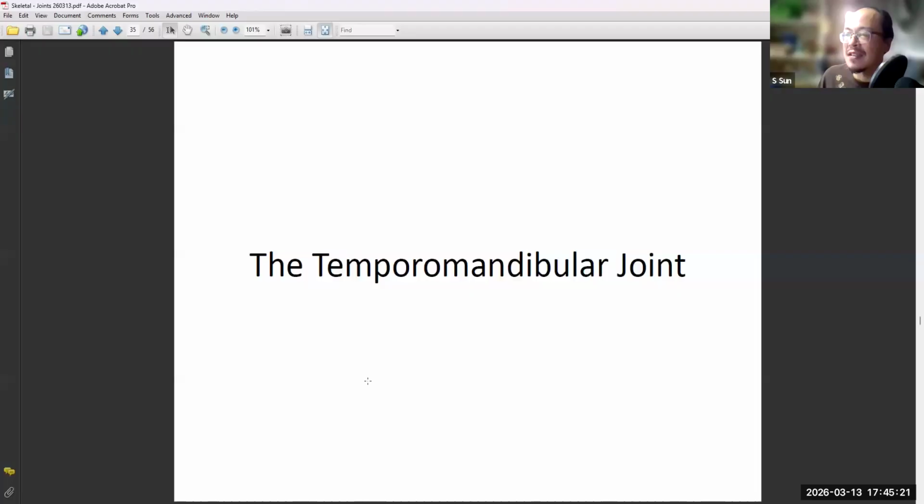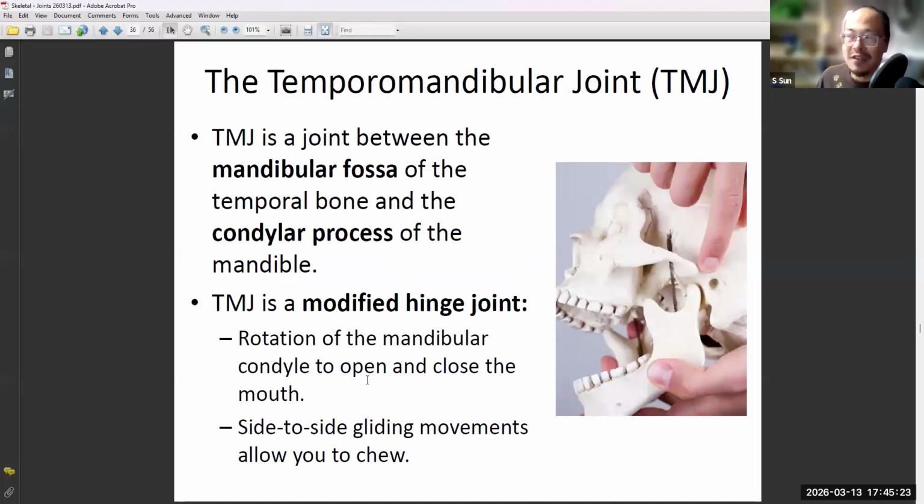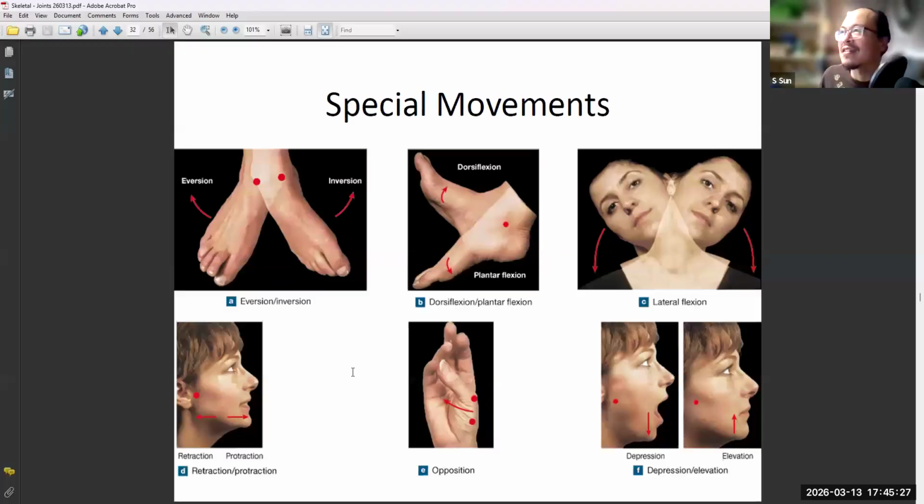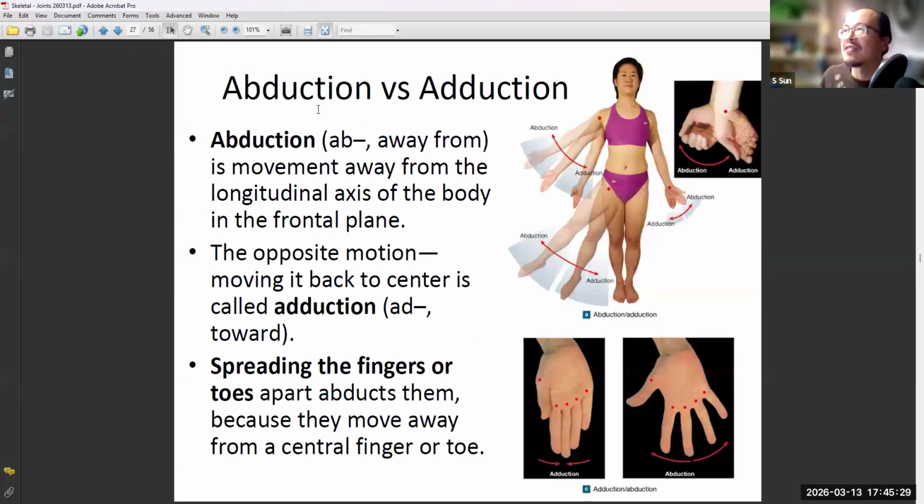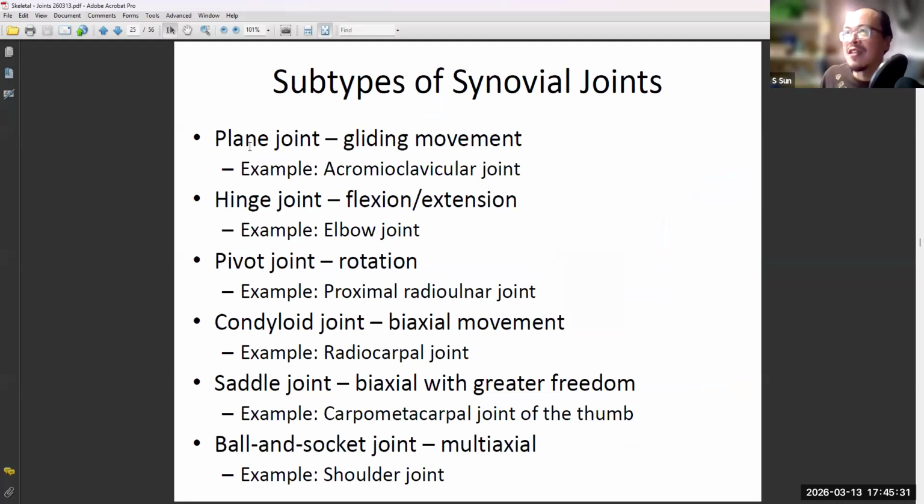This is the synovial joint, and synovial joints have different types. We might have to go back here again. There are different subtypes of synovial joints. It could be plane, it could be hinge. Which one is ours? The temporomandibular joint is like a hinge, right?